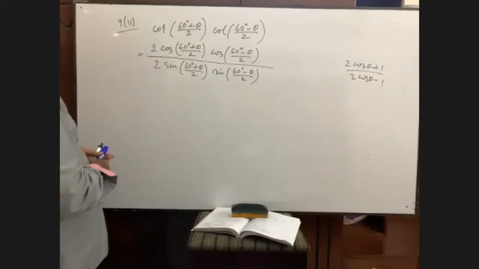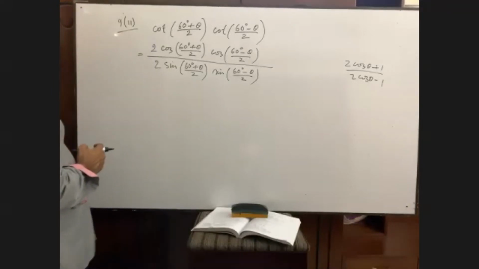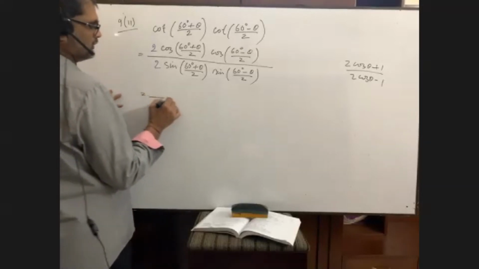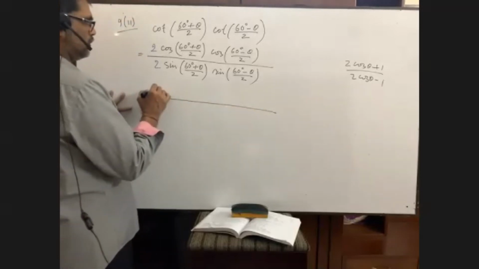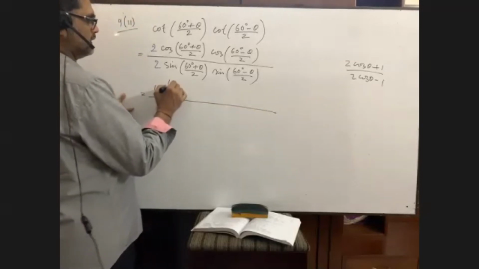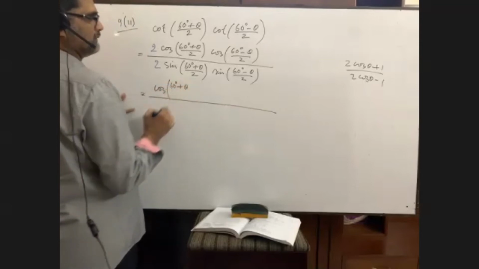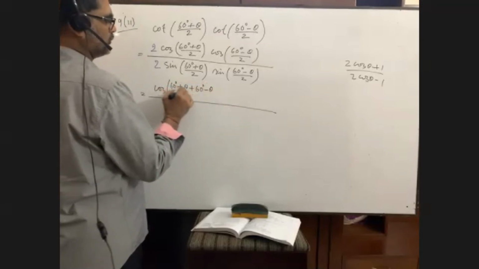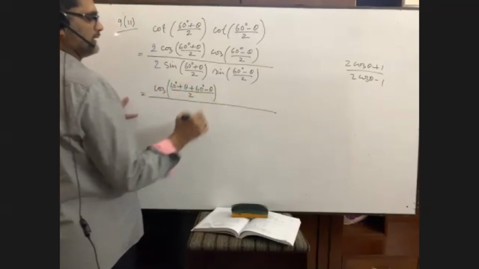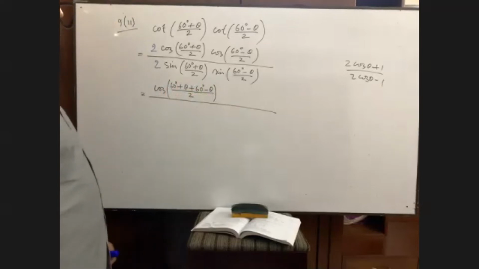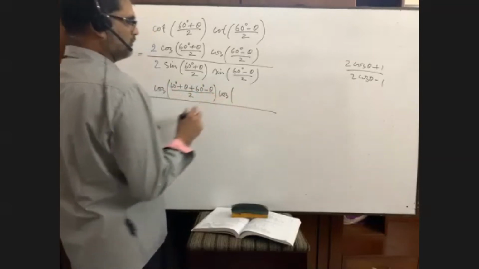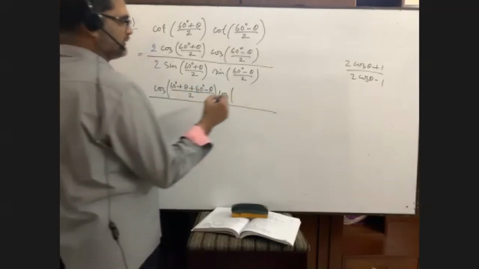So 2 cos A cos B. What is the formula of 2 cos A cos B? Sir, cos of A plus B plus cos of A minus B. Cos of A plus B by 2, then cos of A minus B by 2.